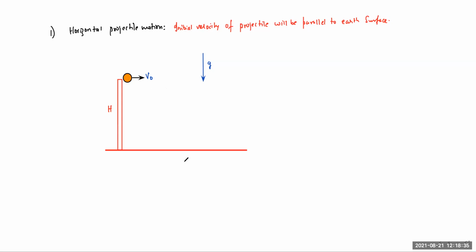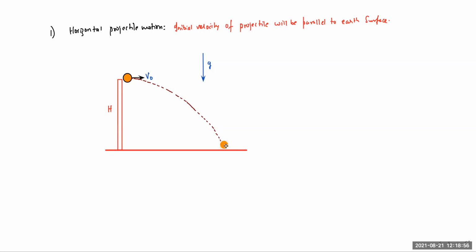In this particular case, the path of the projectile is going to be like this. So it goes forward and down.